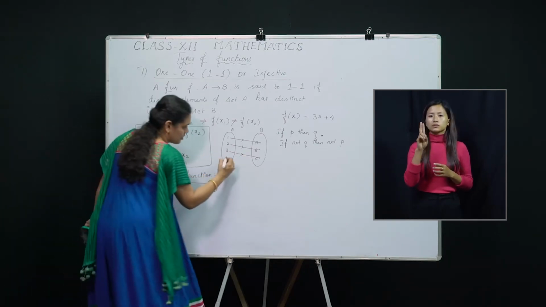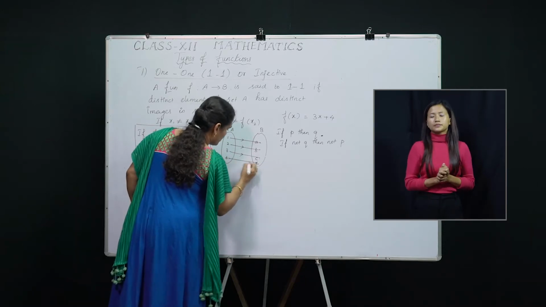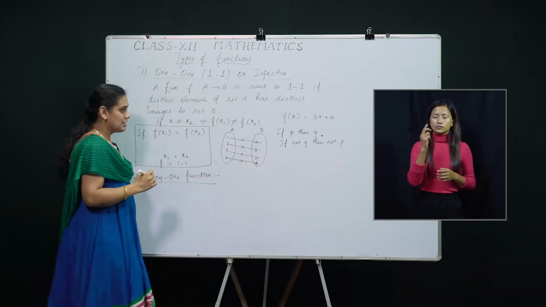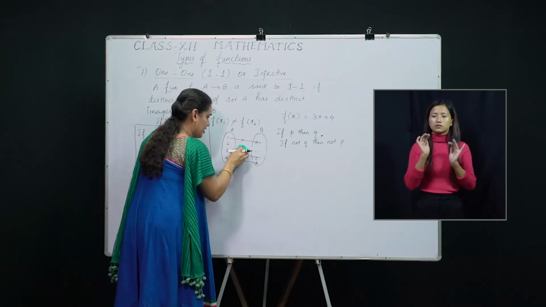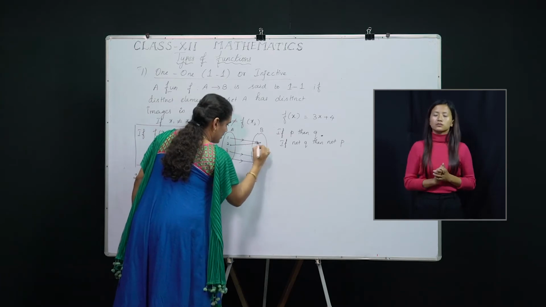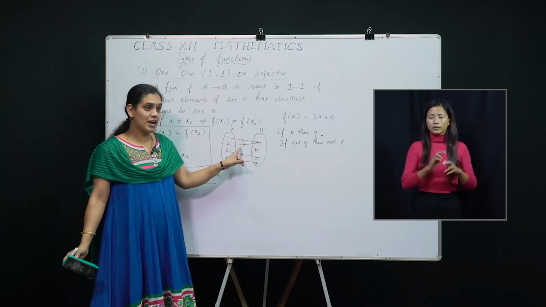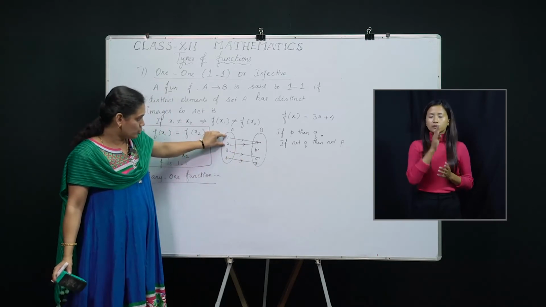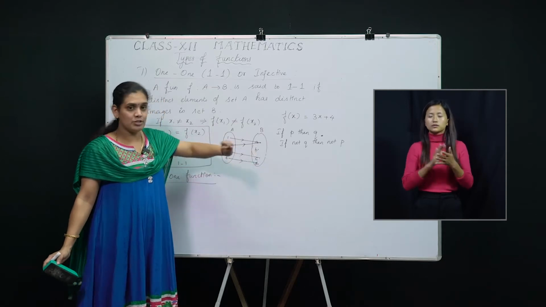Even this one is a 1 to 1 relation. Suppose you have an arrow like this. It is a function, but it is not one-to-one because 1 and 2 have the same image A, right? B is left out. It's okay, no problem.